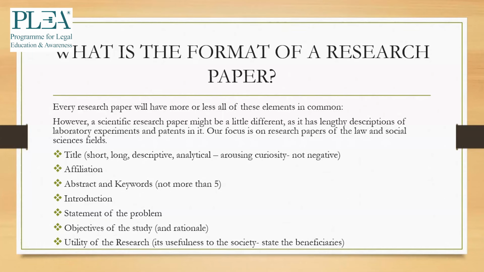What is a plagiarism report? Why is it important to check whether your research is authentic or is it plagiarized? Will it get published or not? So, all of these. Apart from that, we will also look into some other aspects of research like citation styles and footnoting. So, let's begin with the format of a research paper.